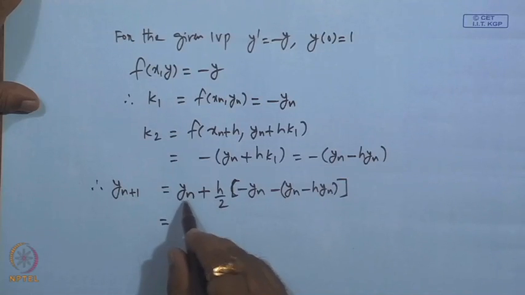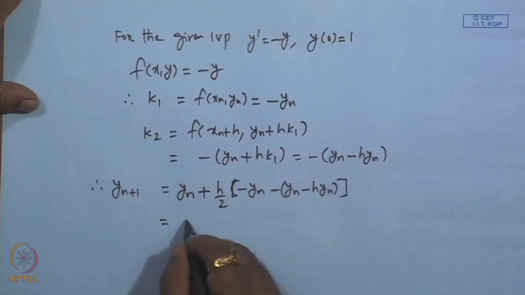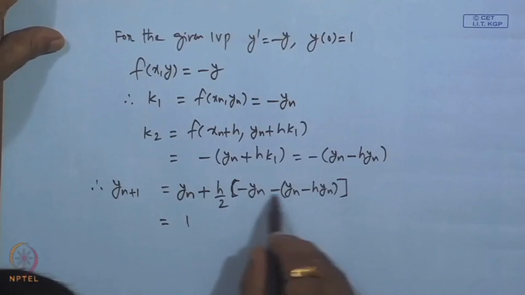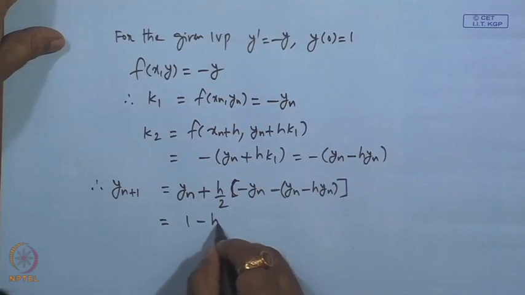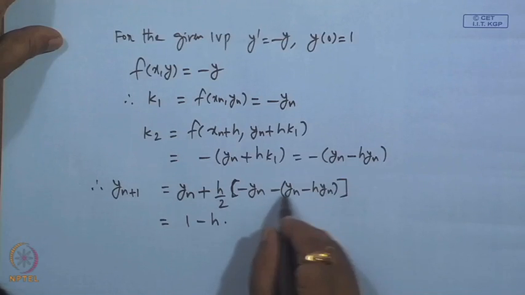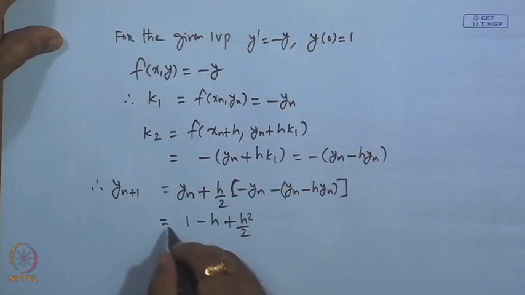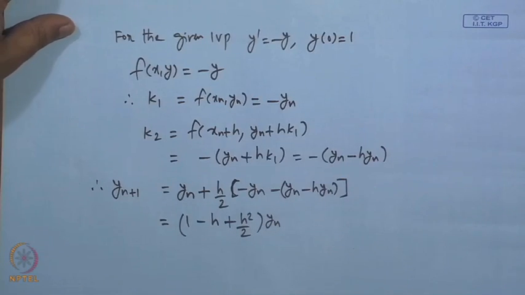So, this is one coefficient here and so 1, and minus 2 and 2 get cancelled. So, minus h, then this is plus h square by 2 y n.